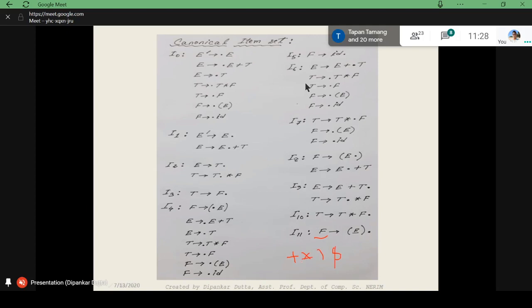I have already worked this out earlier. The production number was 5: F implies left bracket E right bracket.